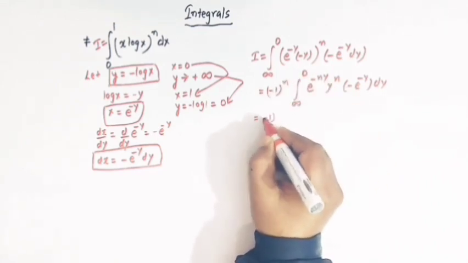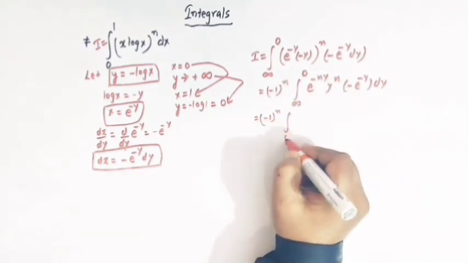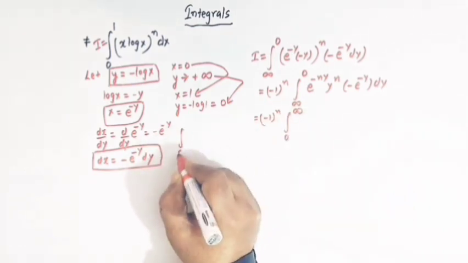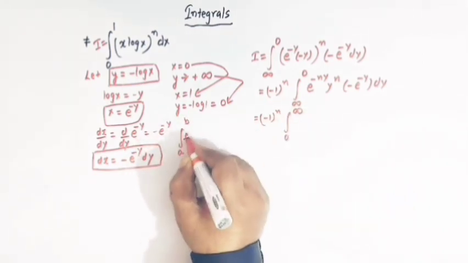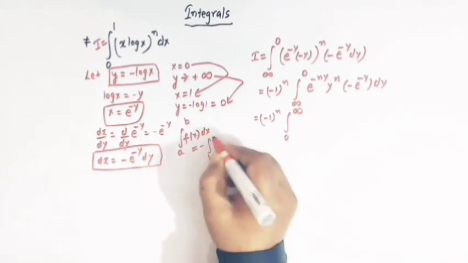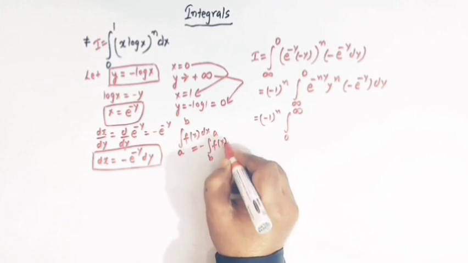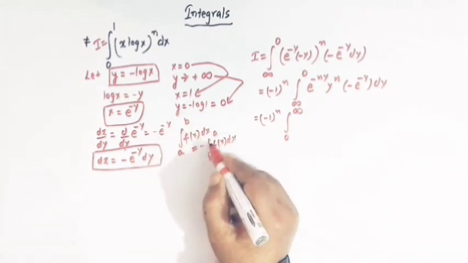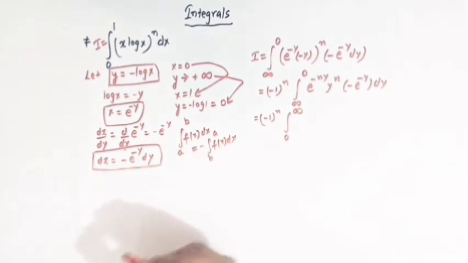So we have minus 1 raised to n, and we can write 0 to infinity, because we know a property of definite integrals, that is, the integral from a to b of f of x dx is equal to the negative of the integral from b to a of f of x dx, right? So when we interchange the limits, we put a negative sign before the integral sign.